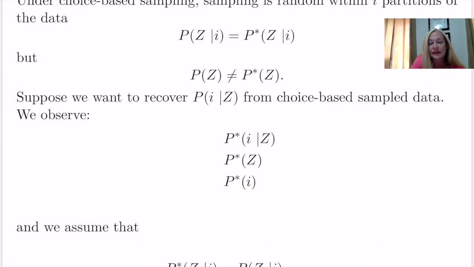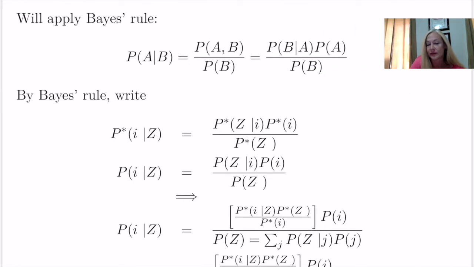We see P star of I given Z, we see P star of Z, the distribution of Z in the choice-based sample, and we see P star of I. And we can assume that within choice partitions, the distribution of Z is a random sample. So P star of Z given I equals P of Z given I. That's everything we have to work with, and we're going to look at how we can recover this object.